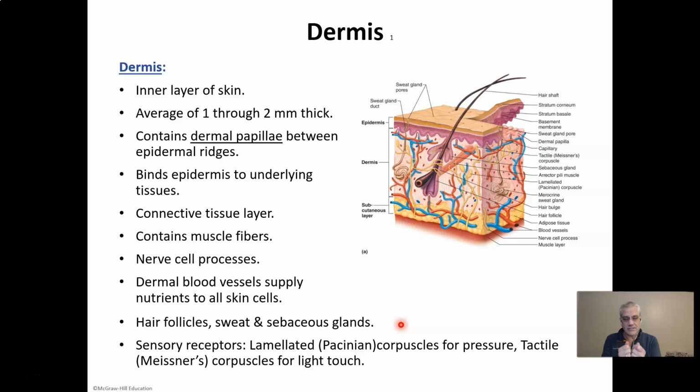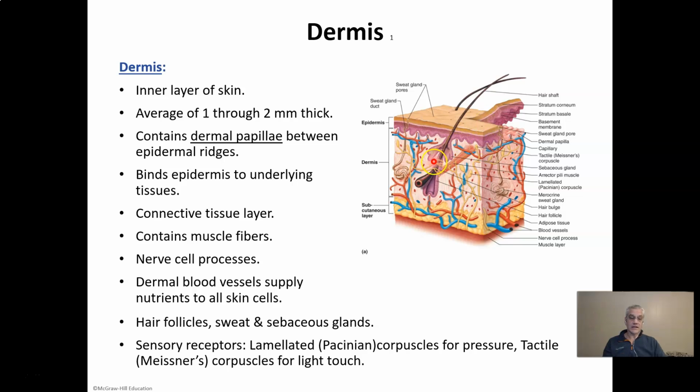I want to make sure that you understand that these structures are epidermal in origin, but they reside in the dermis. I want to make sure you understand the distinction between those two things.